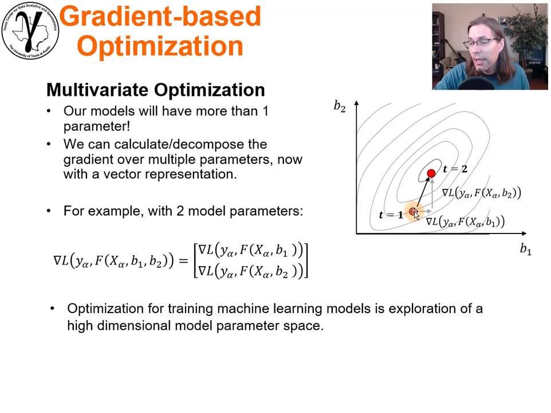We can calculate the gradient relative to the B1 parameter, calculate the gradient relative to the B2 parameter, and we can represent that as a vector of gradients right here. And so our step can be the resultant of the two parameter components. Not a big deal. We can calculate them separately and put them together in a vector. In optimization, we're training the machine learning model by exploring or walking through this high dimensional space looking for the global minimum. That's what we're going to be doing. That's the challenge we need to face.